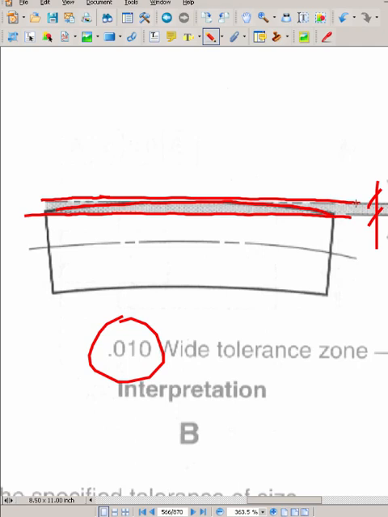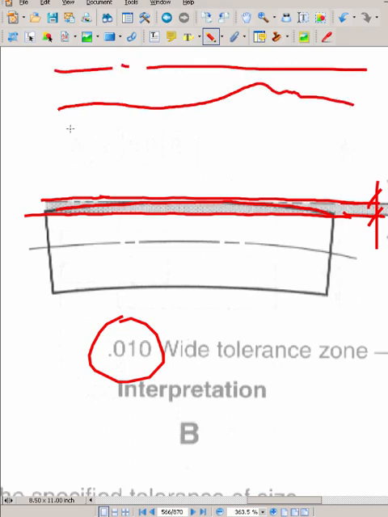So that's all it is, just set up a tolerance zone and compare it to straight. And some parts do this. They have some rough spots, but as long as, of course this is a very large version, as long as they fall within that tolerance zone, they're safe. If they deviate outside that tolerance zone, then you have failure.